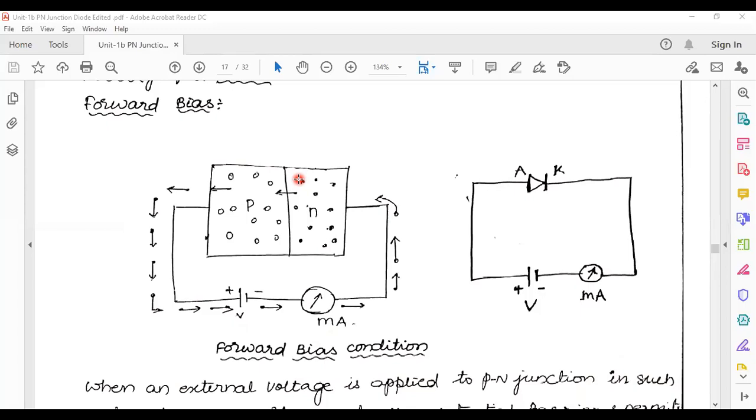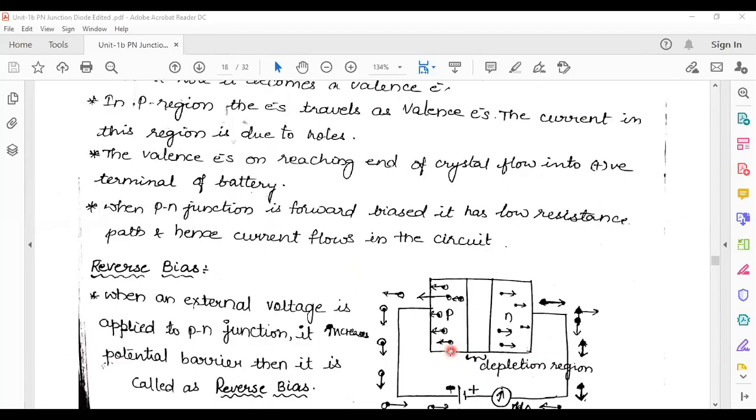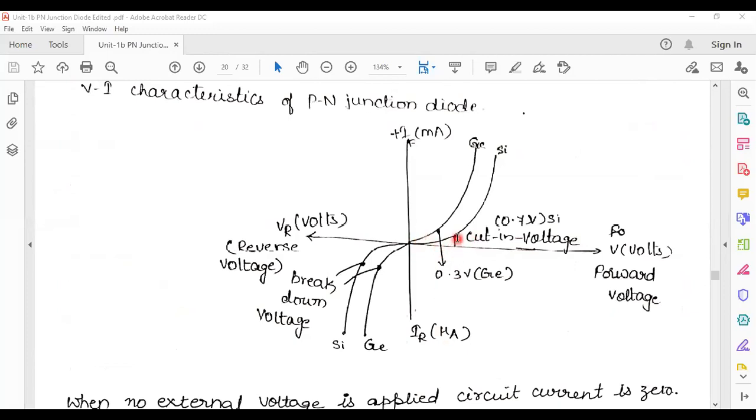Increasing to 0.1, some small amount of current flows, then 0.2, and so on, up to 0.7 volt, the cut-in voltage of silicon. Up to this point there is no significant increase in the current level. Beyond this point, as the voltage increases, there is a drastic increase in the current flow in the forward direction.